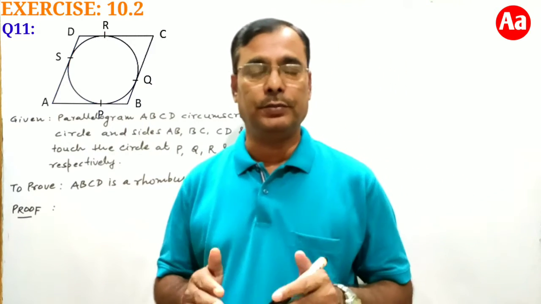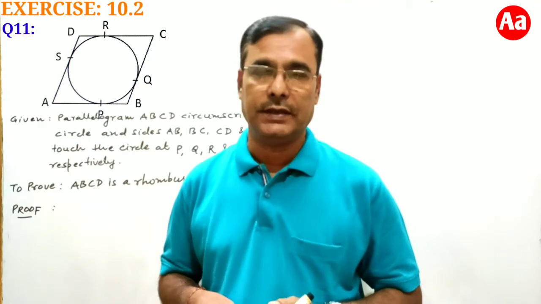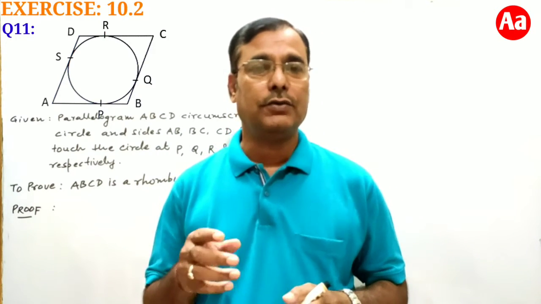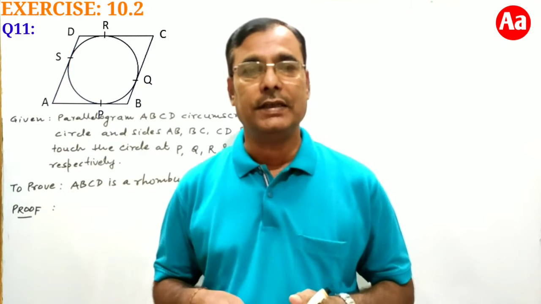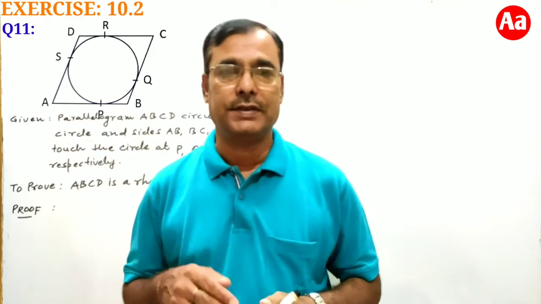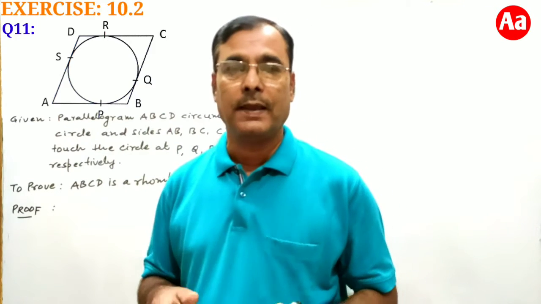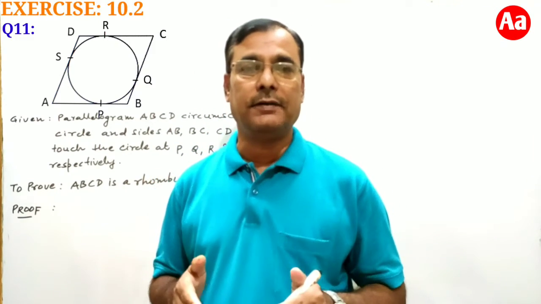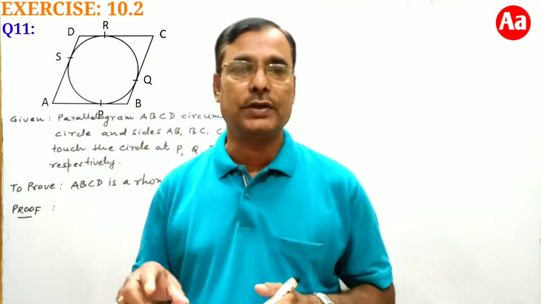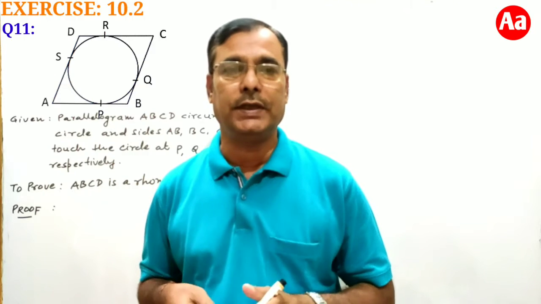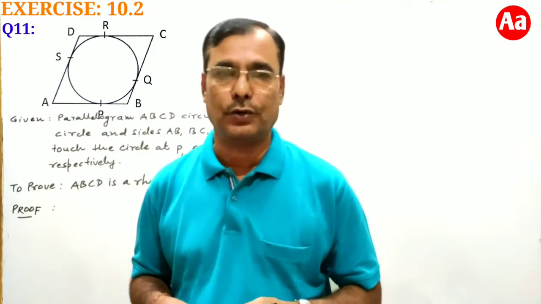First, we will prove that AB plus CD is equal to AD plus BC, because we have already proved that when a quadrilateral ABCD circumscribes a circle, then AB plus CD is equal to AD plus BC. Thereafter we will use the property of a parallelogram that opposite sides of a parallelogram are equal. These two results we will use together and prove that this parallelogram ABCD circumscribing a circle is a rhombus.